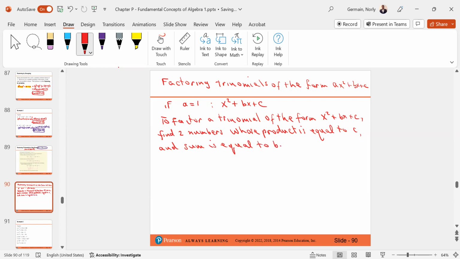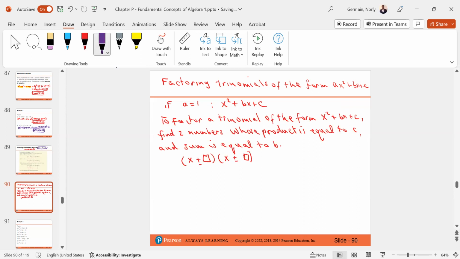Okay, that's what you need to do. Then write it in the form of x plus the first number, times x plus or minus the second number. So those boxes represent the two numbers you'll find.